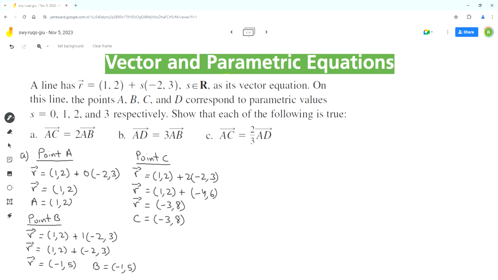Now we can find point D. Even though we don't need it for part A, we will need it for parts B and C. So we should sub in s as 3 in the given vector equation.